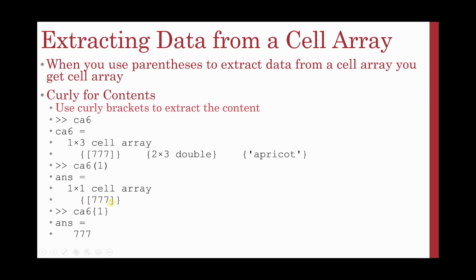If I want the value 777, to extract the contents from the cell array and not have it be a cell array, I have to use the curly brackets again. So curly brackets create a cell array and also remove information from a cell array. So if I say CA6 of 1 in curly braces, I'm going to get my scalar value back of 777. This is something very important to understand, the use of curly brackets with cell arrays.